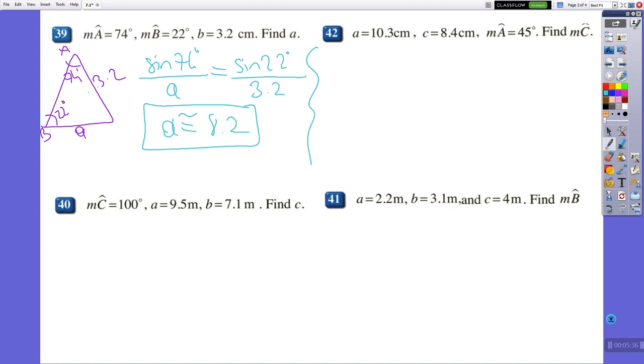Next question. You are given 2 sides and 1 non-included angle. It's not between A and C. A is not between A and C. So we are going to apply law of sine here too. So set the proportion.